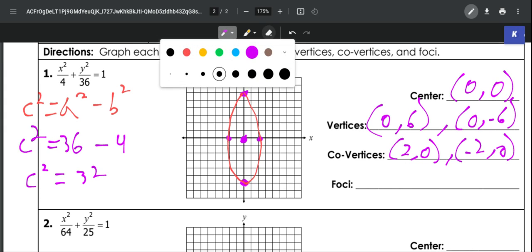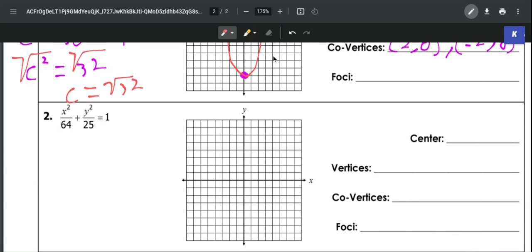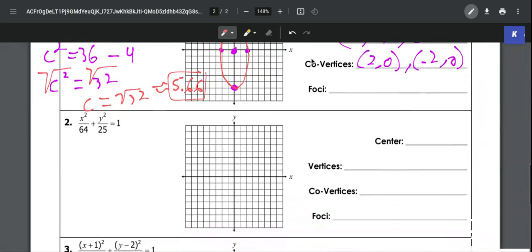And then to figure out what c is, we have to take the square root of each side. So c is going to be equal to the square root of 32. And the square root of 32, you can just use your calculator, is approximately 5.66.